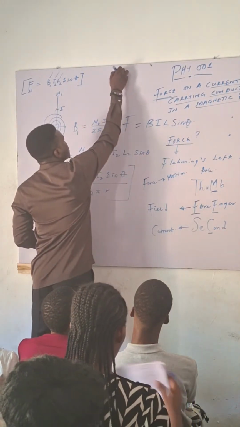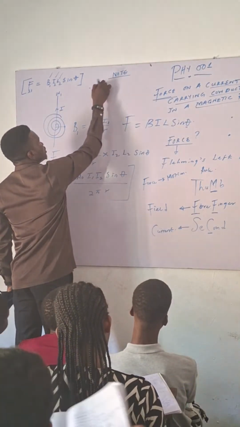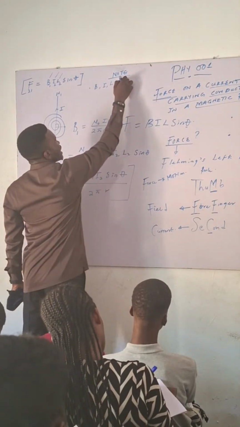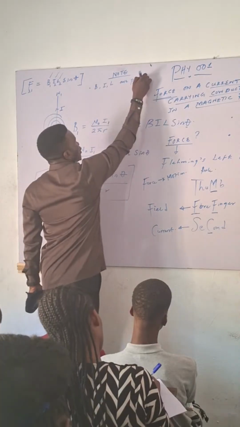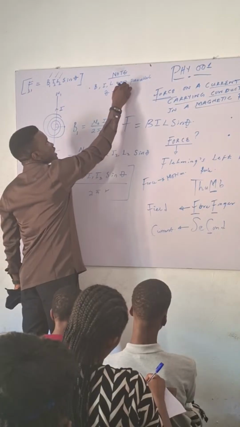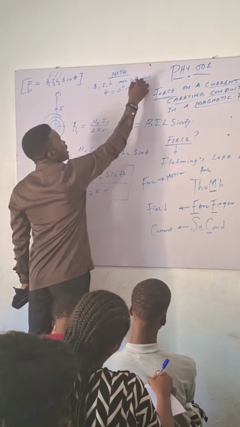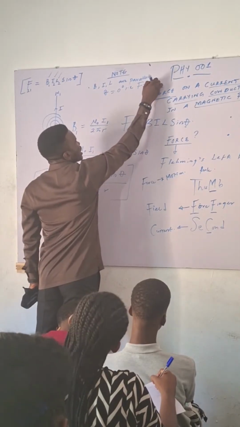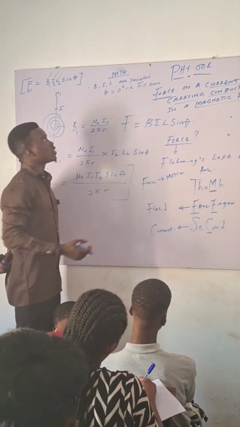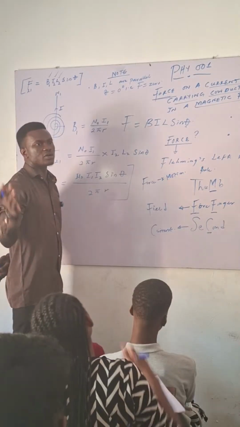So note, the field, the current, the length, whatever it is, if they are parallel, parallel means that theta is going to be 0 degrees. And if theta is 0 degrees, F is going to be 0, because sine 0 is 0 and everything will be 0.